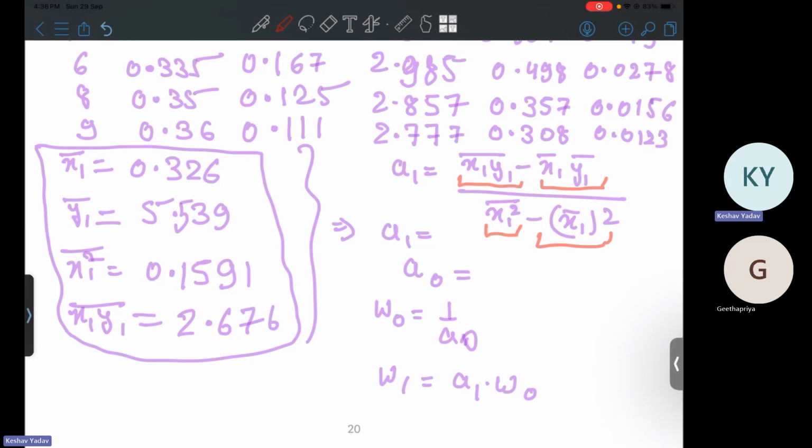So if I calculate here, 2.676 minus 0.326 multiplied by 5.539, divided by x square 0.1591 minus 0.326 squared. So this is 16.4. Yeah.